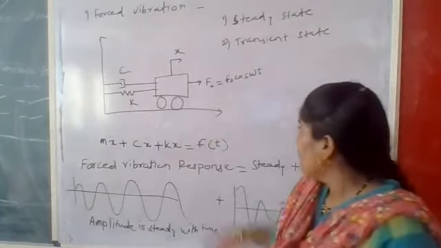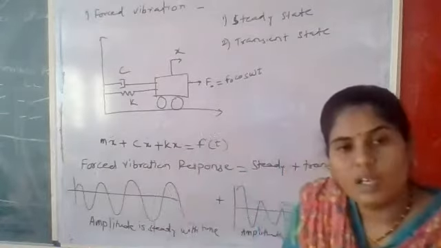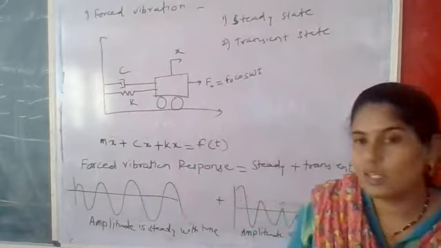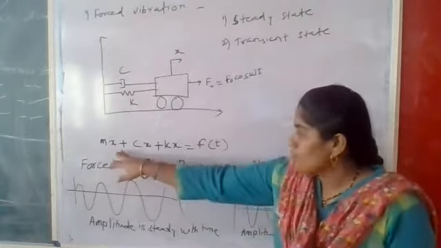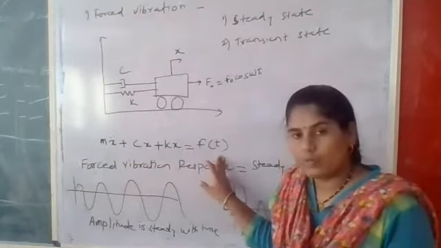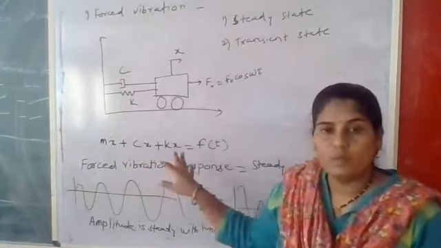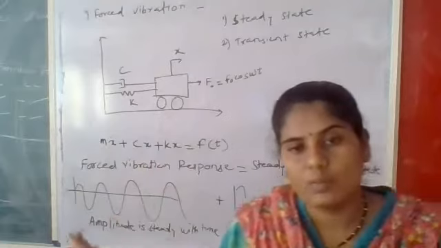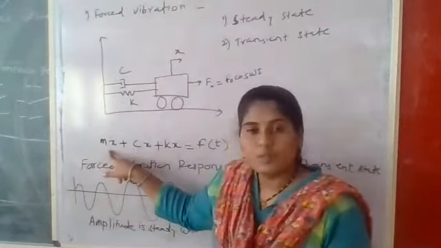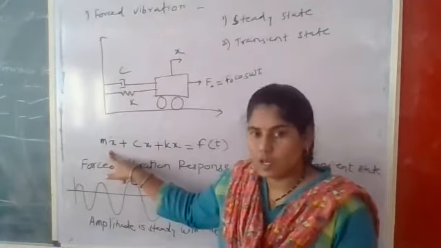Based on this, the general dynamic equation that is produced, which we have already seen, is m x double dot plus c x dot plus k x equal to F of t. What types of forces are produced in the system? First, with respect to mass, that is the inertia force.